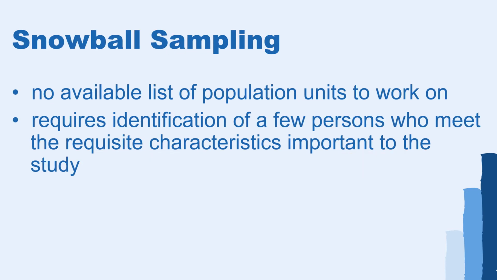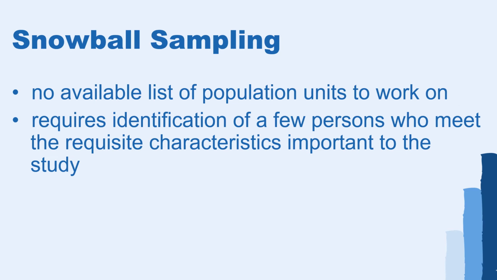Next, you have your snowball sampling. In snowball sampling, there's no available list of population units to work on. It requires identification of a few people who meet the requisite characteristic and are important to the study. This is best, for example, for gays. Okay, we are not giving any judgment to the gays here.